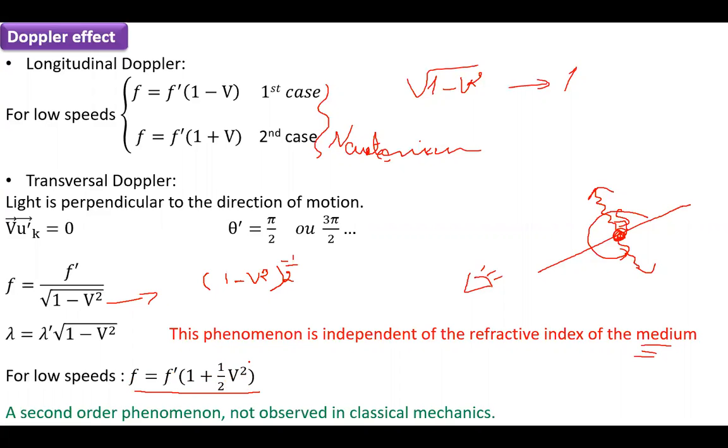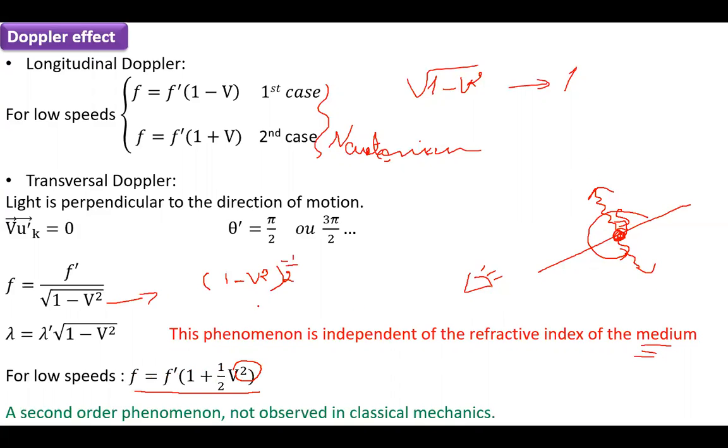This is a second order phenomenon not observed in classical mechanics, because Newtonian mechanics does not make an expansion for approximate values. So it stops at 1. You don't have this 1 half v squared. So for Newton, transversal frequencies are always equal: f equals f prime, if the light is emitted transversely.